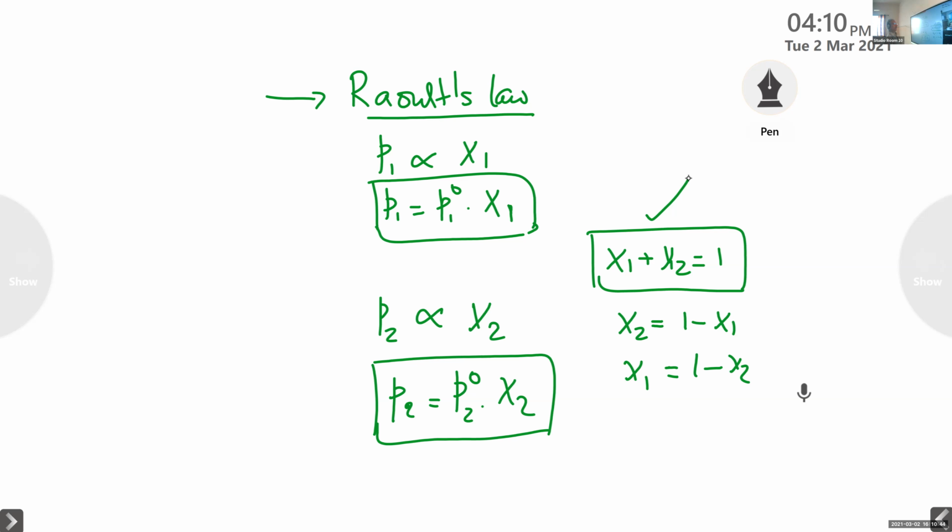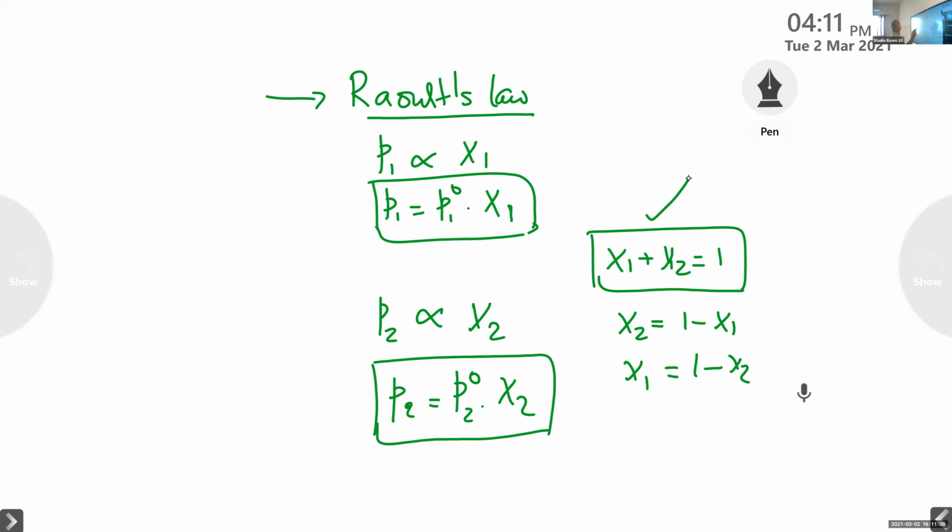If there is only component 1, that is not a solution at all. There is only one liquid, liquid number 1. Similarly, liquid number 2, there is only one liquid.